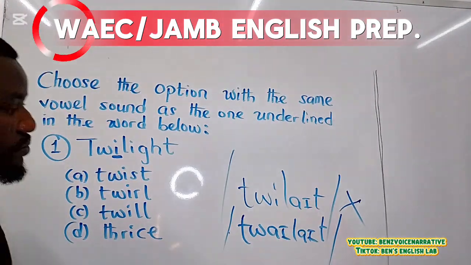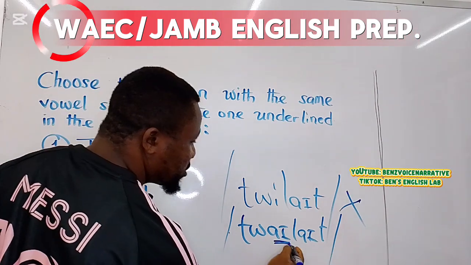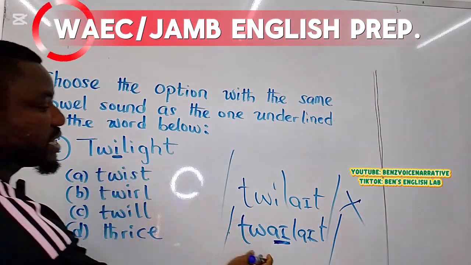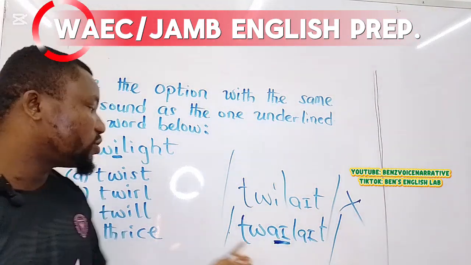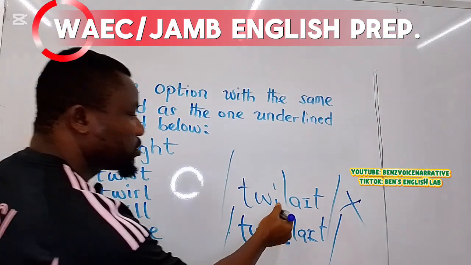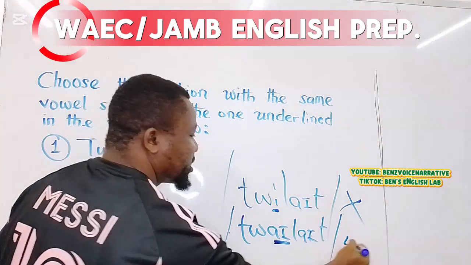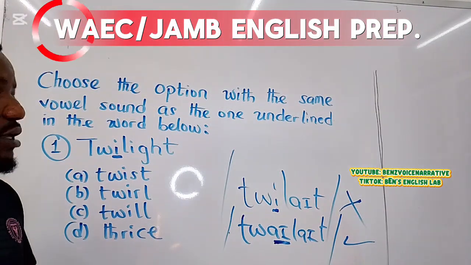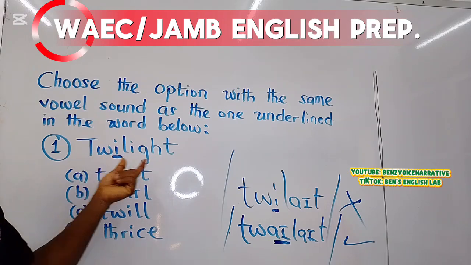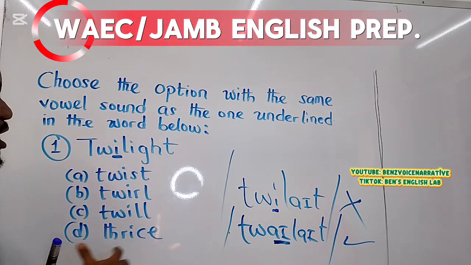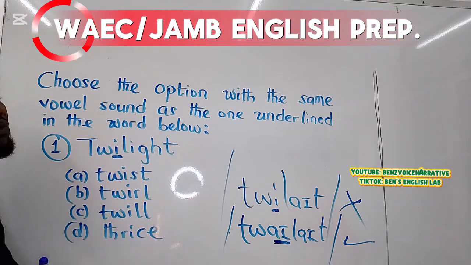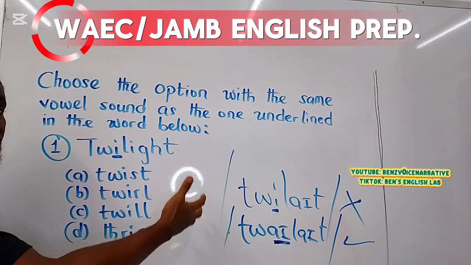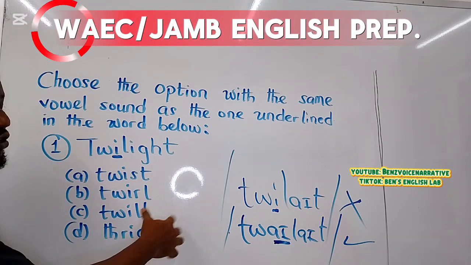Right. So that means the underlined vowel sound is I, and not E. This is wrong. This is the right thing, right? This word is twilight.